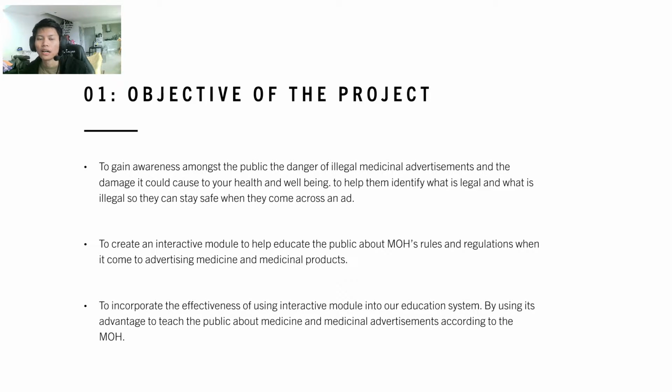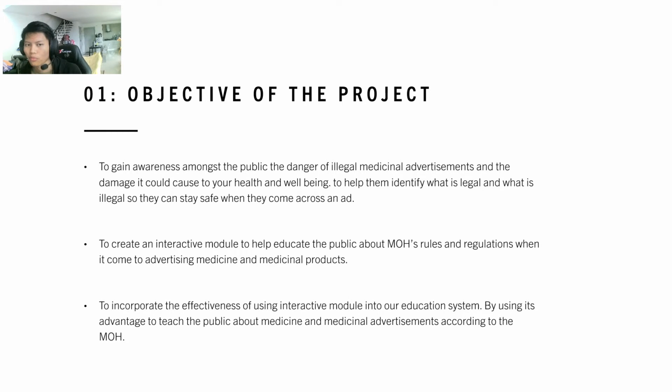So, the effectiveness of the interactive module, I will touch upon it later on in the slides, where we will look at two studies: one made by Thomas Jefferson University, and another one is a research about performance between the traditional way of learning and using an interactive module.